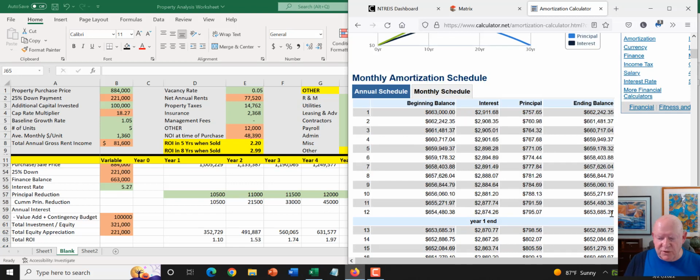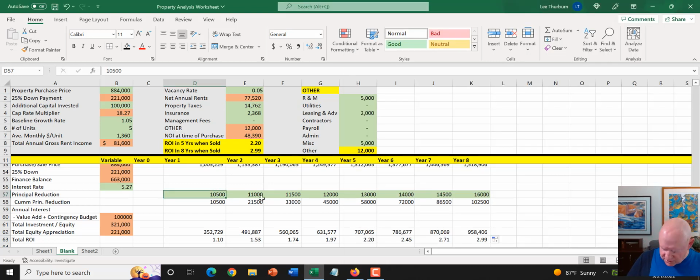Here it is, $653. We started with a loan amount of $663, so we went down about $10,500. Here's $662,242 the first month. Our original amount was $663. We're down to $653, so we went down by $9,500.